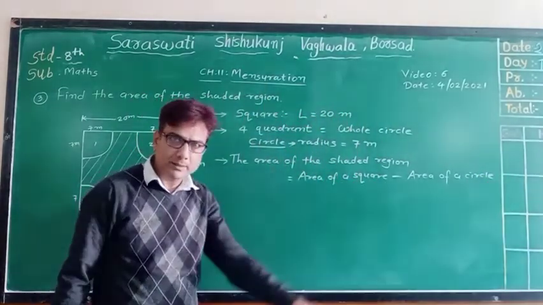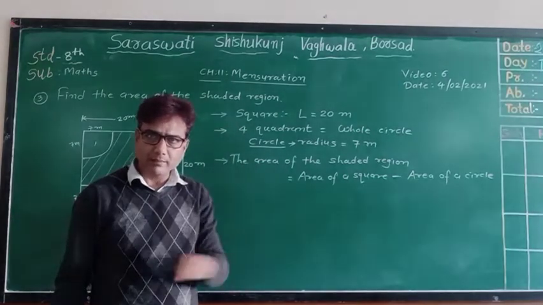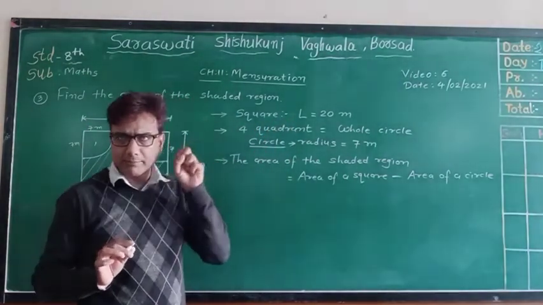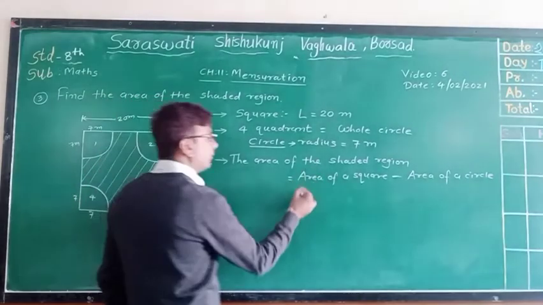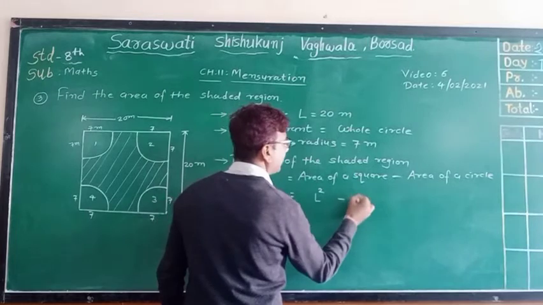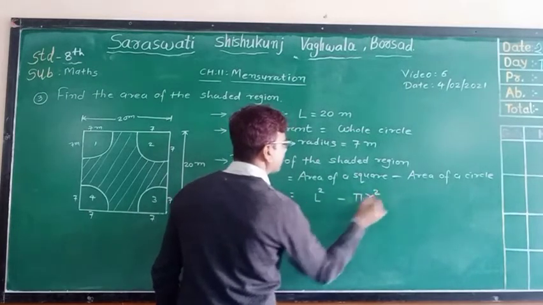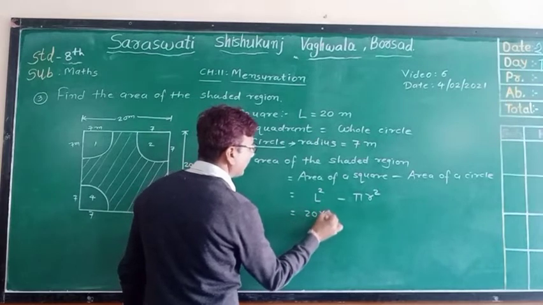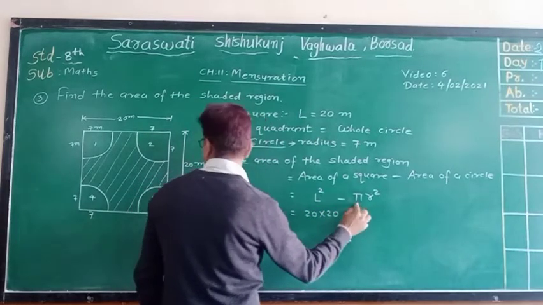Total area means the area of the square, and subtract these 4 quadrants. That means we have to subtract the whole circle area. So the area of a square is L square, and the area of a circle is pi r square. L is already given, it is 20, multiply 20, minus pi.